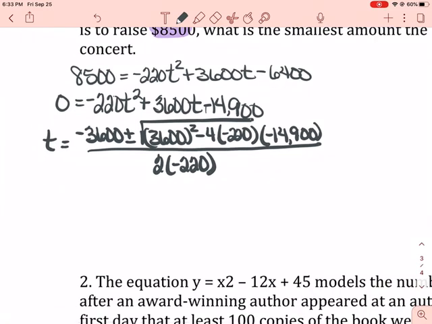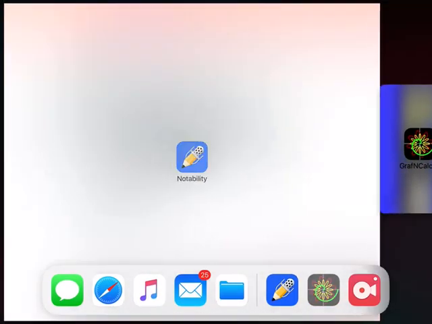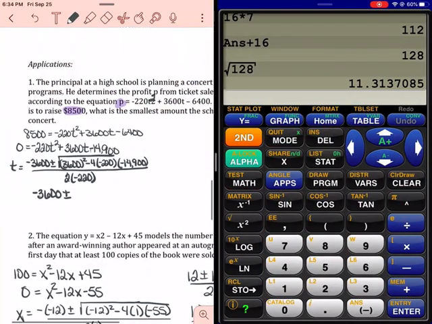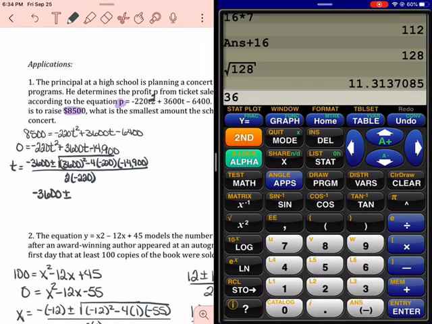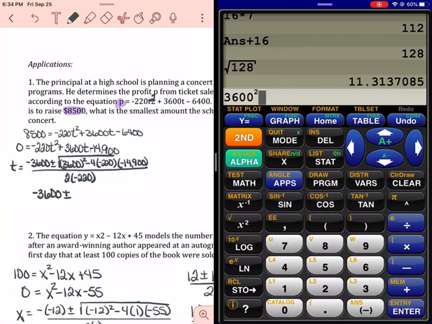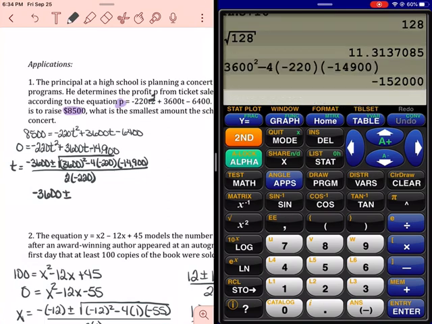Now, unlike the solve problems, if we get a decimal, we're going to want the decimal form of our solution. And you can do that, minus 4 times negative 220 times negative 14,900 all at once.